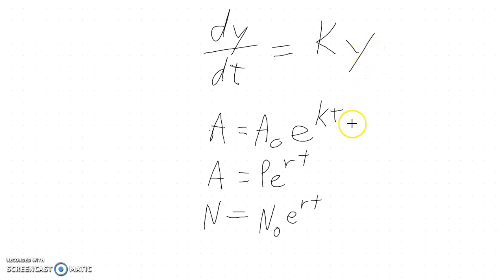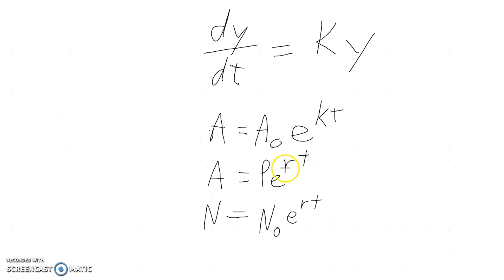Here's something else that you see everywhere, that you've probably seen these equations, these three identical equations, a lot. Sometimes you see it written like this: A, which means the amount, equals A sub 0, which is the original amount, times e to the kt. Sometimes you see it in economics, finance, whatever, interest, as A, or the amount, equals P, the principal, times e to the rt, or the rate times time.